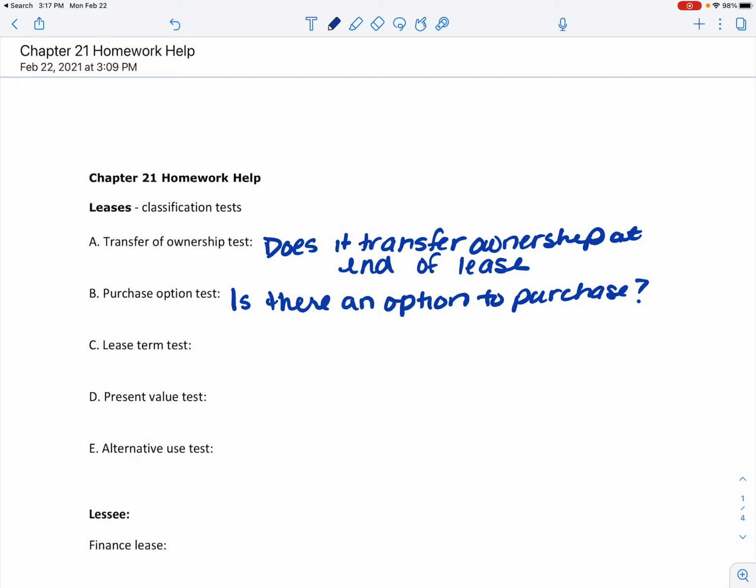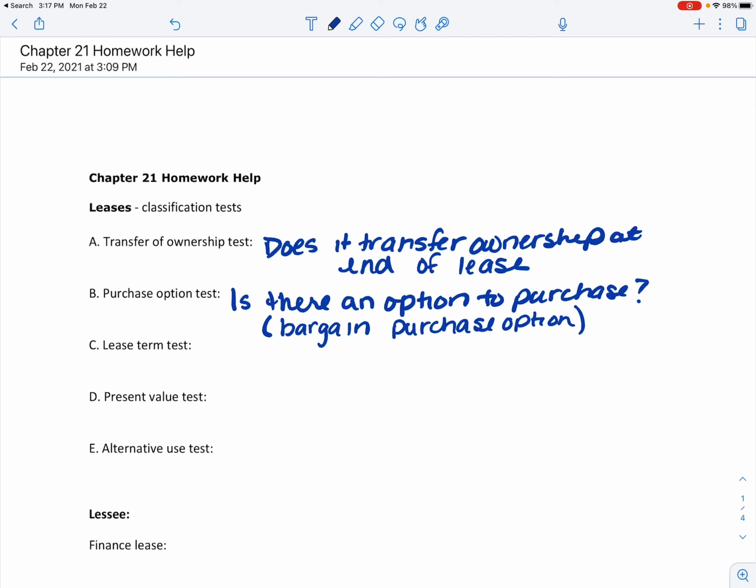This also is sometimes referred to as a bargain purchase option. Think about when you lease a car, and sometimes they have an option to buy at the end if you choose to do so.